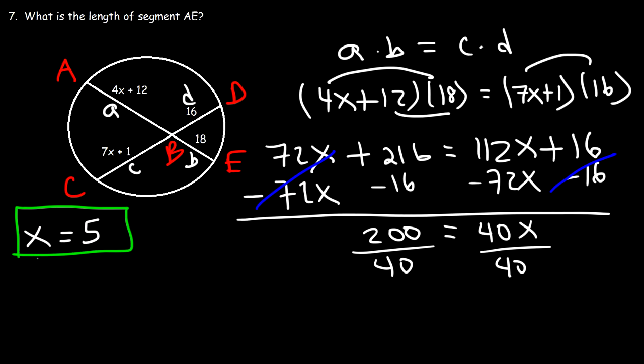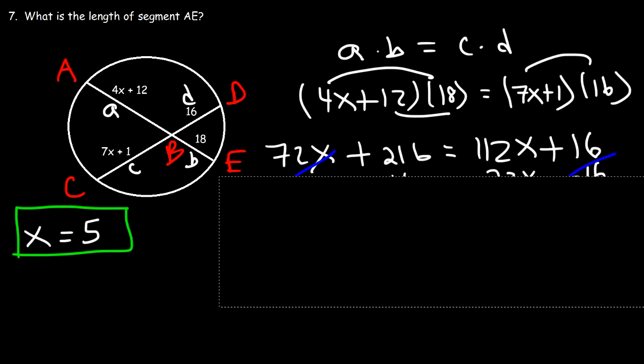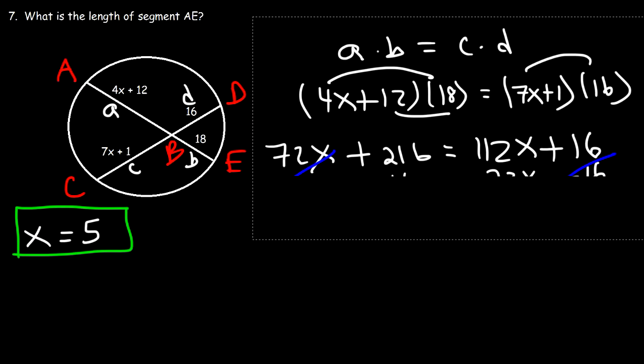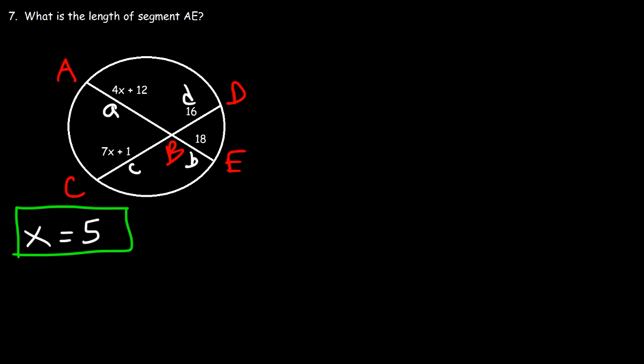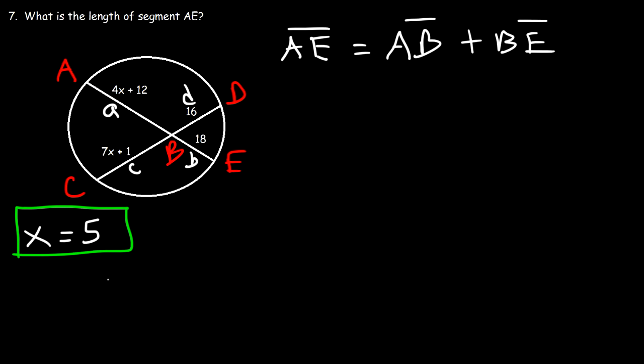So now that we have x, we can calculate the length of segment AE. So AE is the sum of AB and BE. So let's calculate AB first.